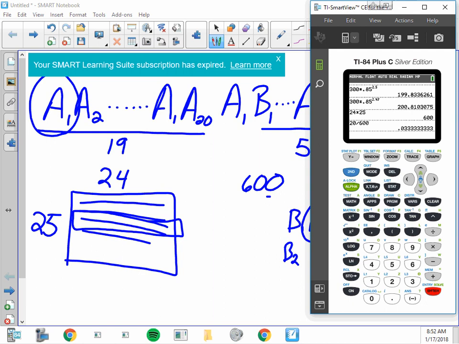Okay. So go back to page 289. Right in the middle of the page, it says core concepts. If 2 events, A and B, are dependent, then the probability that both events occur is the product of the probability of the first event and the conditional probability of the second event given the first event. So there's a little bit of notation you need to learn.